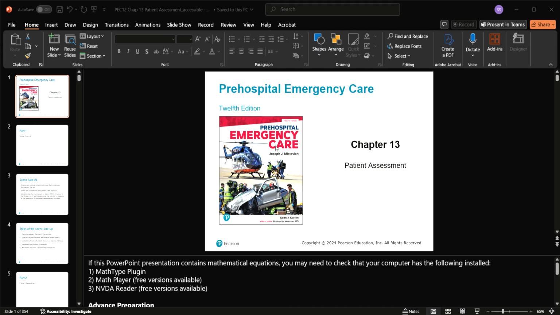Let's say that they were involved in a motor vehicle accident, and we're doing our assessment. We do head to toe, and then we check their posterior portion, and they're completely unconscious, unresponsive, and they have clearly soiled their pants. What might have happened? It could be brain damage.